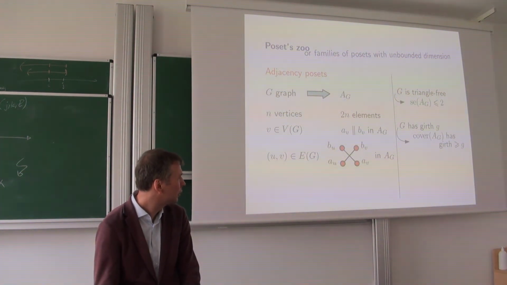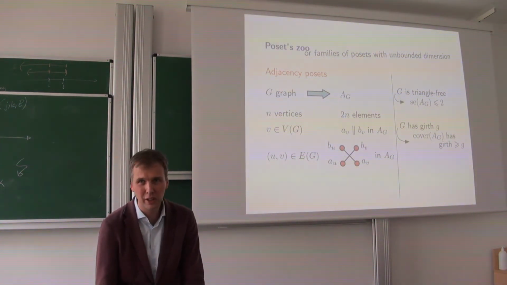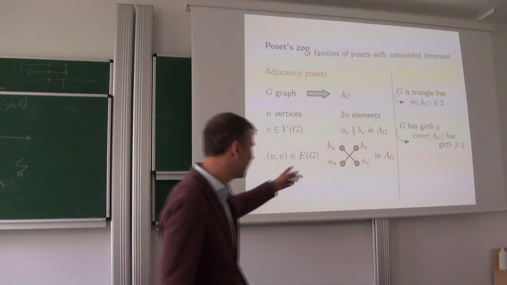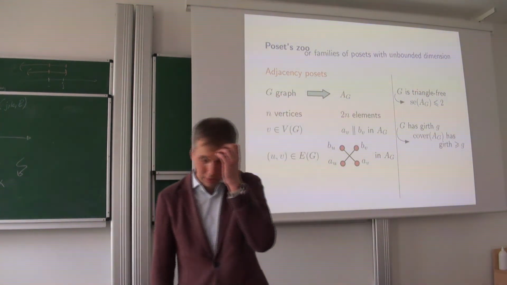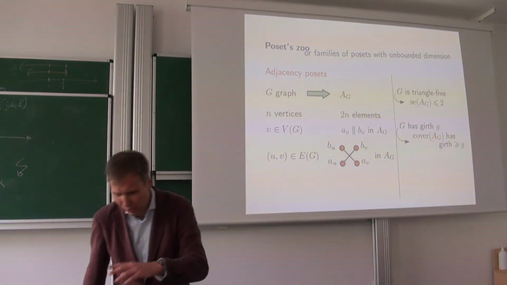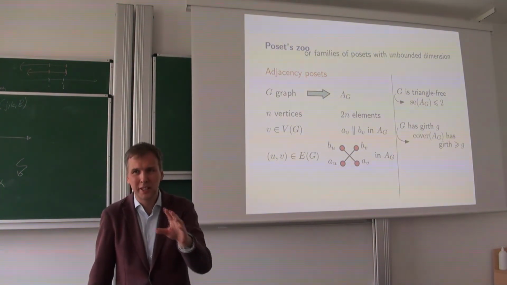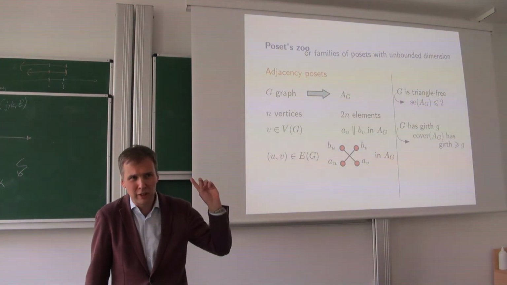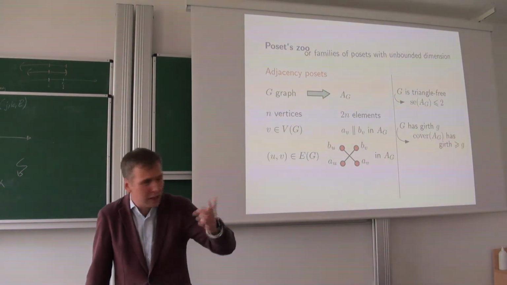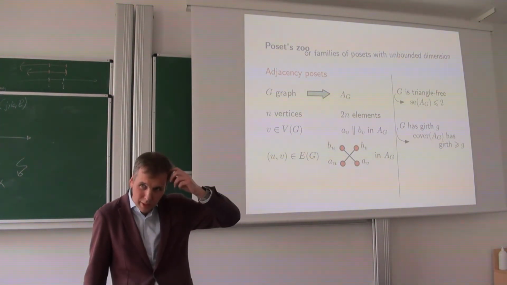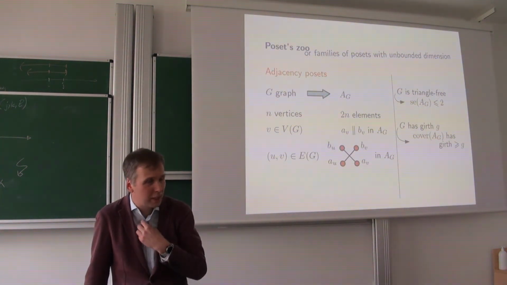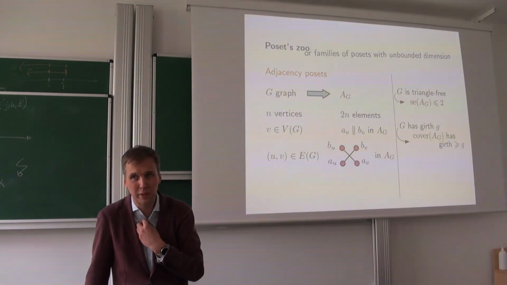So the thing to observe is that if G is triangle-free, whenever you have an edge, you have a standard example of size 2. But it works the other way around. If you had a standard example of size k, you would need to have a clique in the initial graph. Therefore, when G is triangle-free, the standard example number of your poset is at most 2. So that's indeed a way to produce something that avoids standard examples.